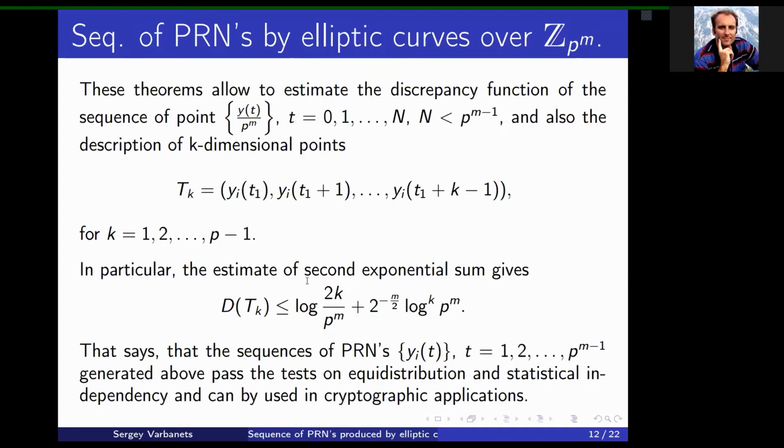In particular, we obtain the following upper bound for the discrepancy function D. And that says that the sequence of pseudorandom numbers y_i(t) generated above passes the tests on equidistribution and statistical independence, which are the main properties for cryptographic applications. So we prove that such sequences can be used in cryptography.